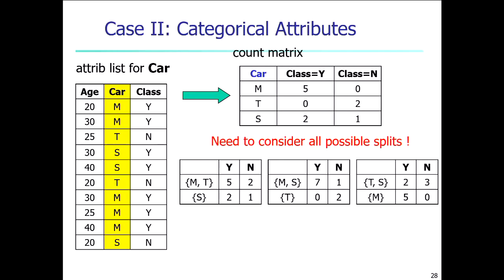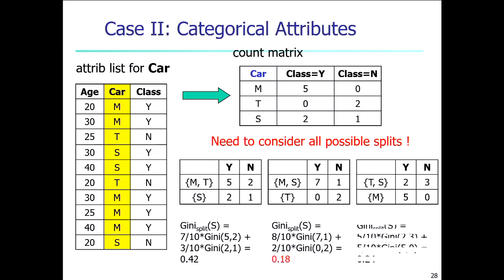And you will get this table, and you can compute the Gini index. And this one's smallest, so if you do the splitting, you should split on T and not T.